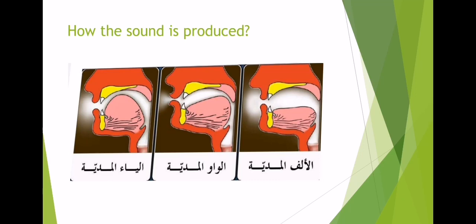I will just start once again. The vocal cords are basically the organ that produces the sound. So if I make the basic sound by keeping my tongue relaxed, what will you get? Please take it.